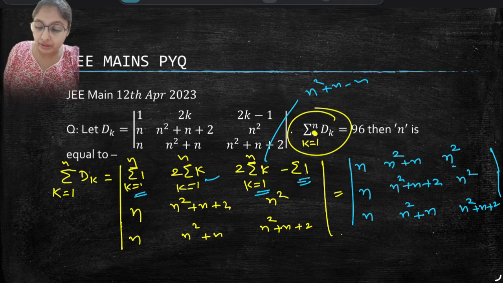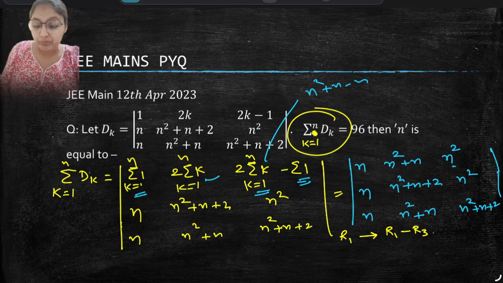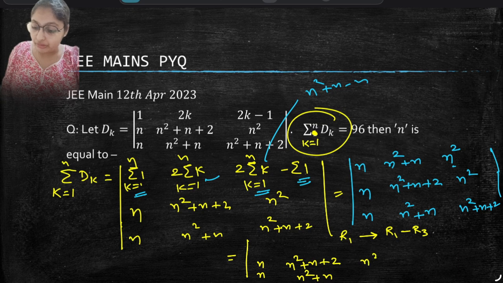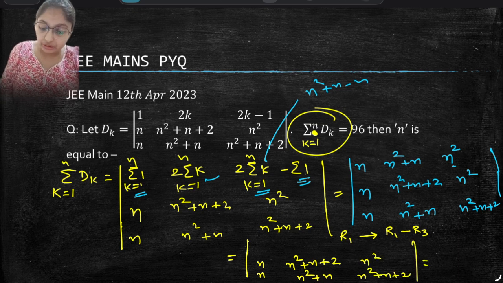So I am applying the operation on row 1: row 1 becomes row 1 minus row 3. Row 2 and row 3 will stay the same, so I write them first. Now writing row 1, which is row 1 minus row 3.